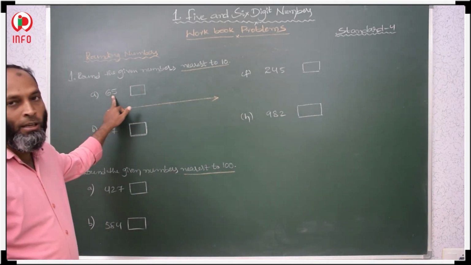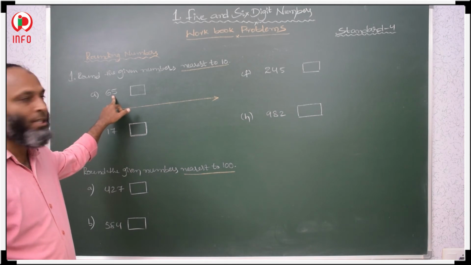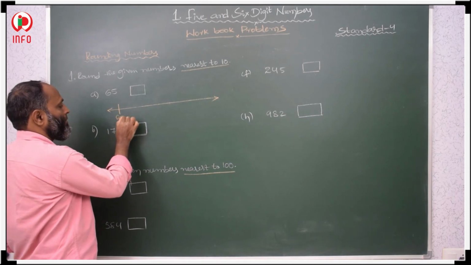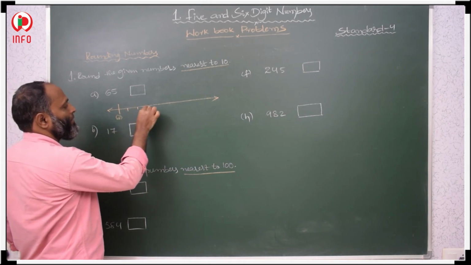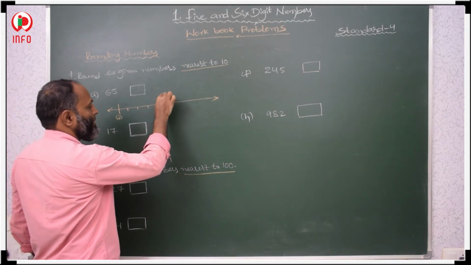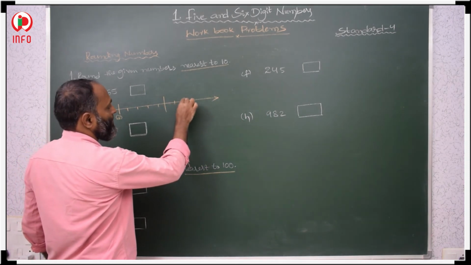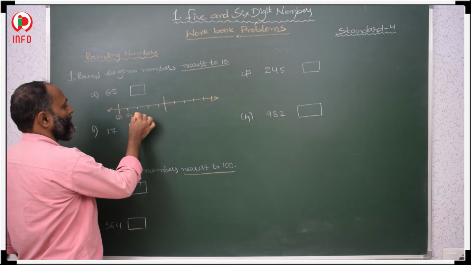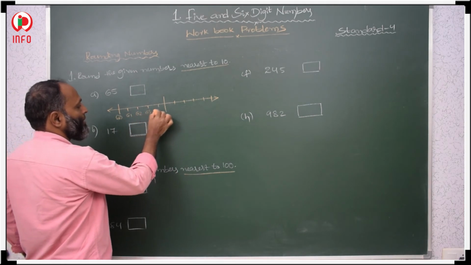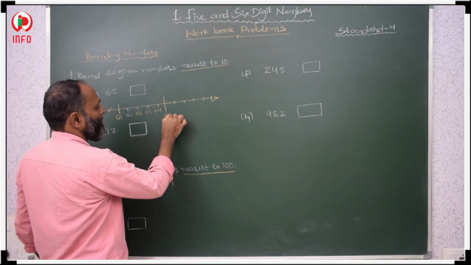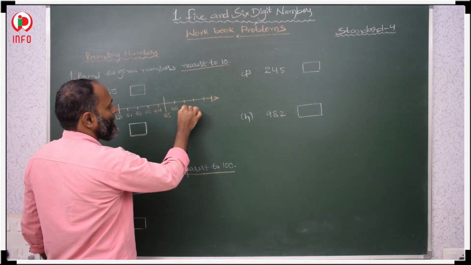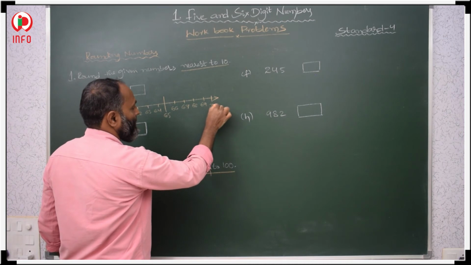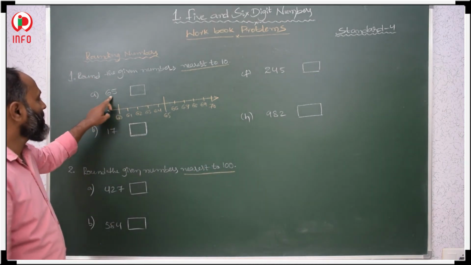65 is given. 65 is in between 60 and 70. 61, 62, 63, 64, this is 65, 66, 67, 68, 69, 70. So what is this? This is 65.